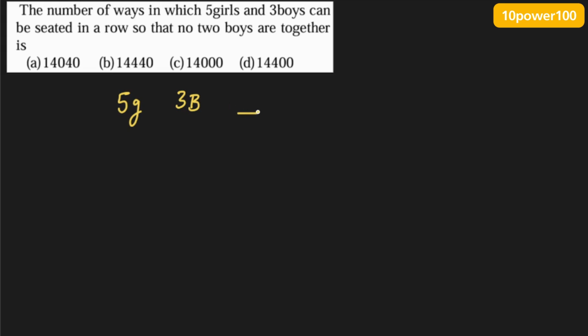First one is left to a boy, and the next one is girl 1. Next a boy, and girl 2, next boy and girl 3, next boy and girl 4, next boy and so on. So this is what the arrangement is. Since we have 5 girls, we can make arrangements like this, and we can put the boys anywhere so that they won't sit together.